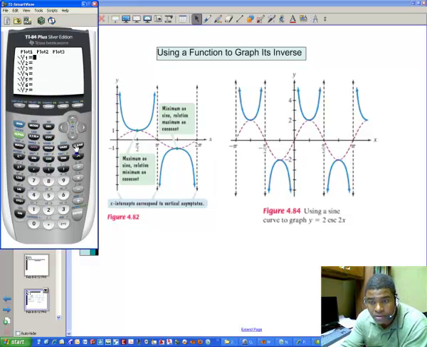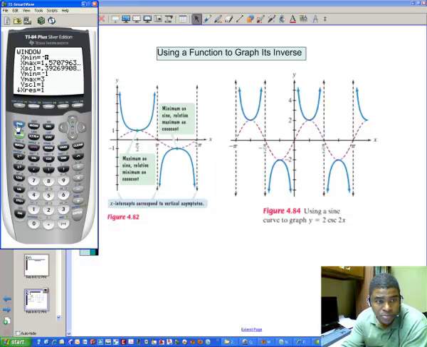Now we want to actually enter, remember the cosecant is the reciprocal of the sine function, so I want to put both graphs on the calculator. So I'm going to graph this as y is equal to 2 sine of 2x, and I'm going to change my window settings to match that on the screen.